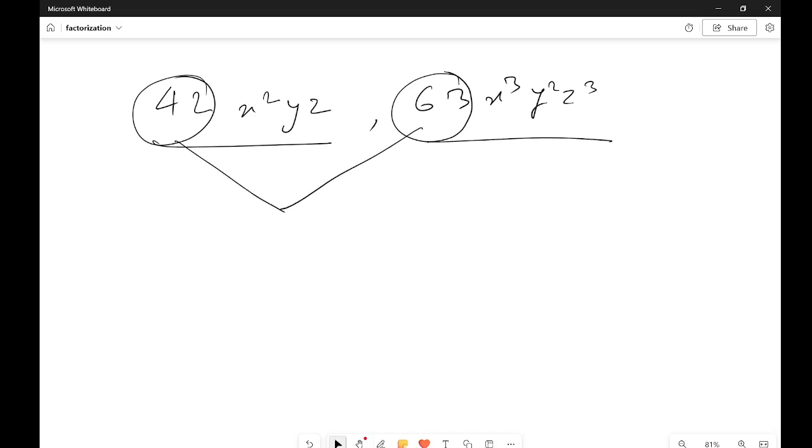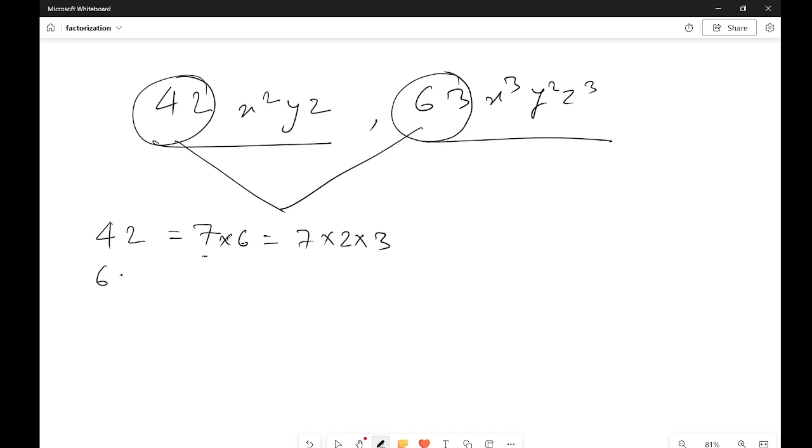So 42 and 63, this time the numbers are a bit bigger, so we will break them. How can you break 42? Normally 42 you can come up with as 7 multiplied by 6. You can't break 7 further, but 6 you can break into 2 multiplied by 3.